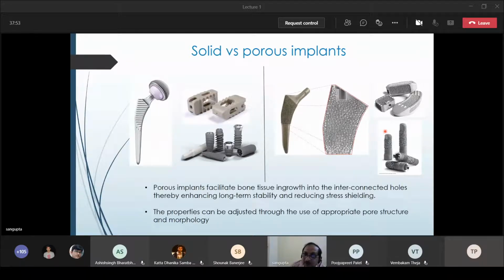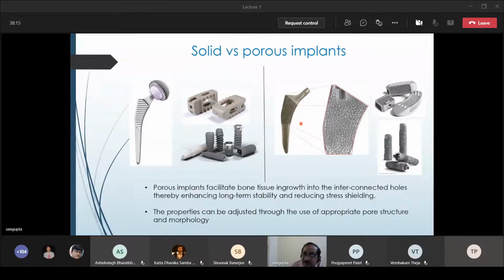Okay. So porous implants facilitate bone ingrowth into the interconnected pores, thereby enhancing long-term stability and reducing stress shielding. Now, for this sort of structure, a porous implant, the E modulus will be different from a solid implant.